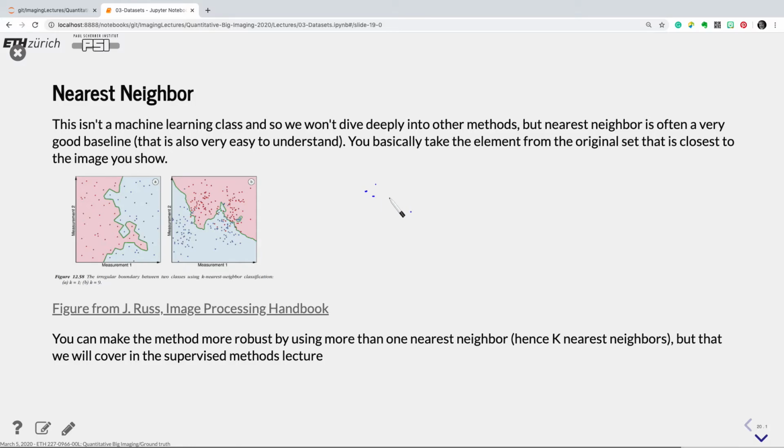If we have a dot about here, that one would always be classified as this class. But if you have something that is a little bit closer to this one, and nearest neighbor equals 1, then this class would win.